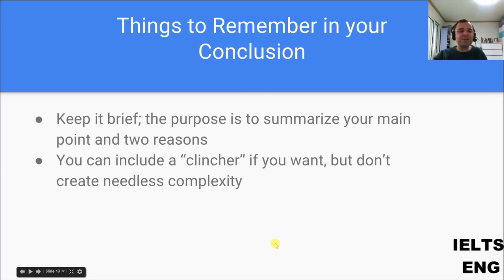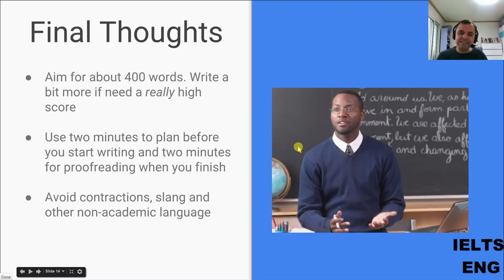I used to teach my students to do that religiously, but I do find it kind of creates needless complexity, and it almost always results in grammatical errors. Go ahead and do it if you want to write a longer conclusion, if you're confident, but don't feel that you absolutely have to. So that is how to write a high-scoring TOEFL independent essay.